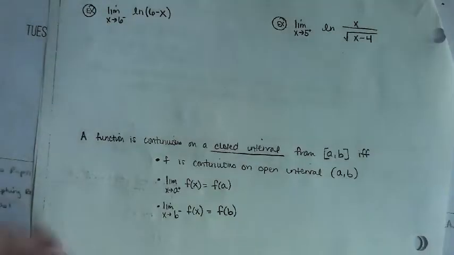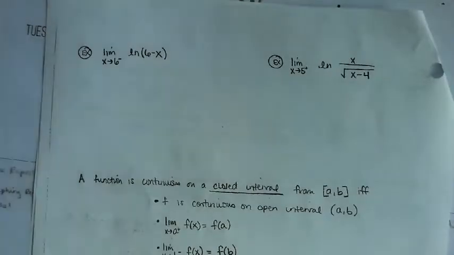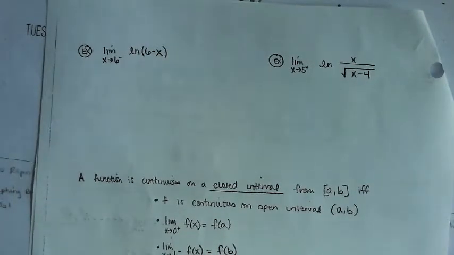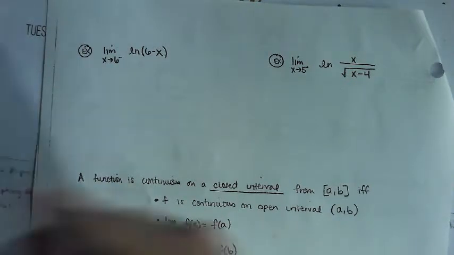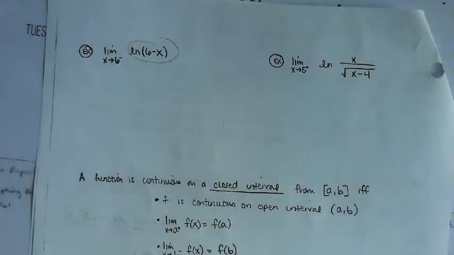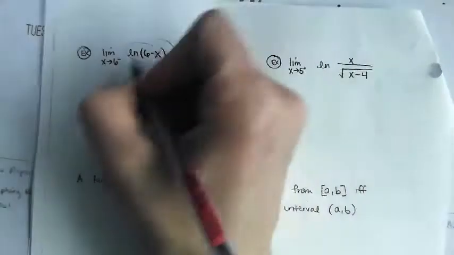The limit as we approach 6 from the left. Do we want to plug in 6? Can't, right? This function is definitely undefined right at 6 because you can't take the log of 0. But can you approach 6 from the left, like 5.99999? Sure.